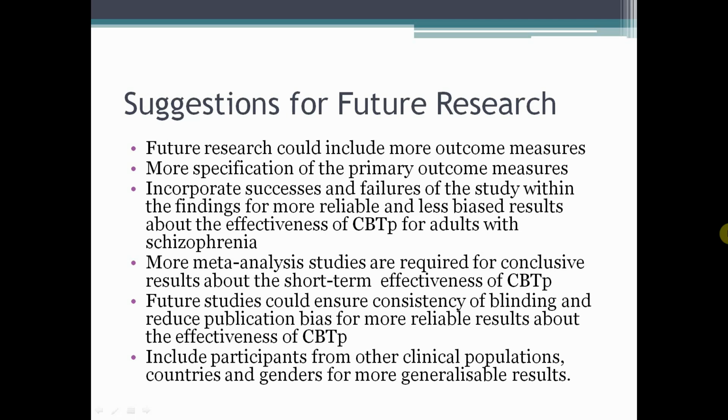More meta-analysis studies are required for conclusive results about the short-term effectiveness of CBTP. Future studies could ensure consistency of blinding and reduce publication bias for more reliable results about the effectiveness of CBTP, and also include participants from other clinical populations, countries, and genders for more generalizable results.